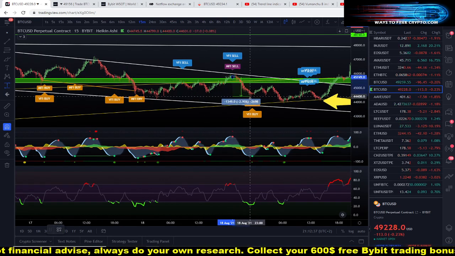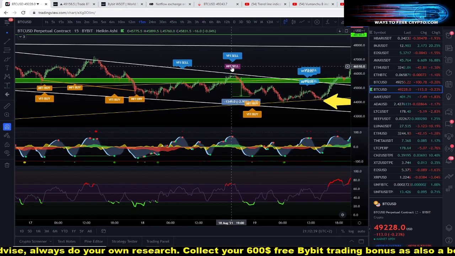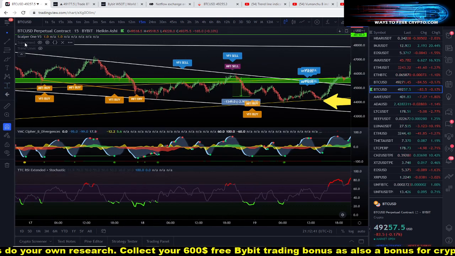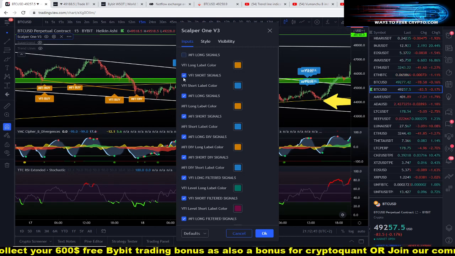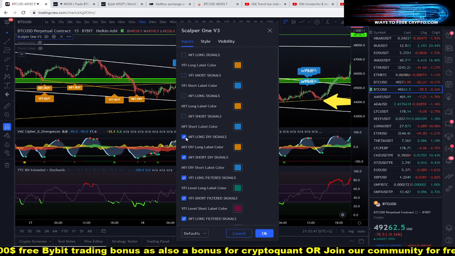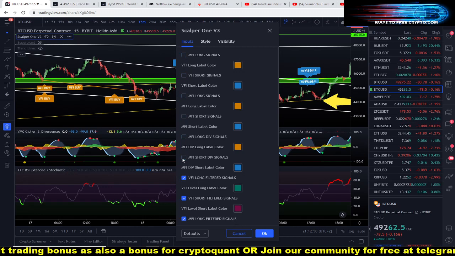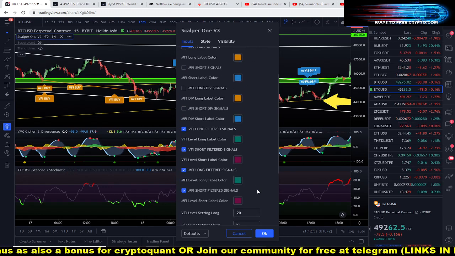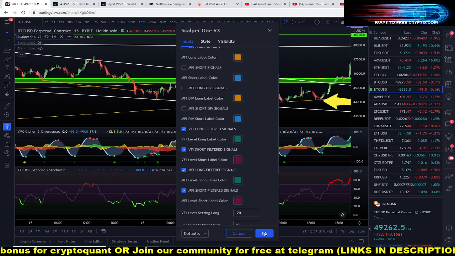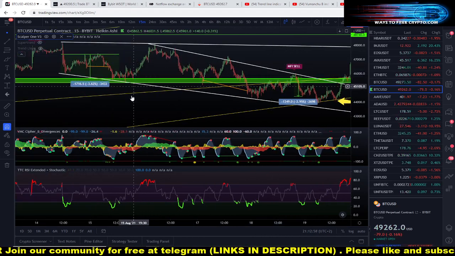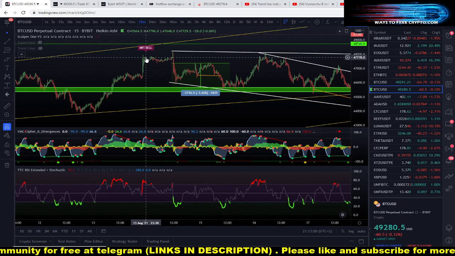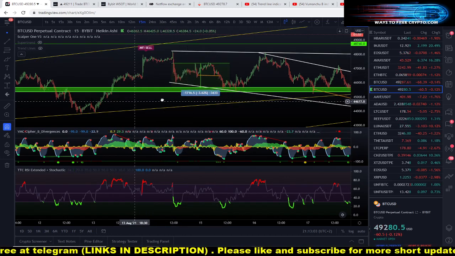Also, guys, these purple signals, let me show you. If you go to the indicator settings, you can remove these signals and you just keep the filtered signals. So this one should have stayed right here, and this one, see what happened after it.